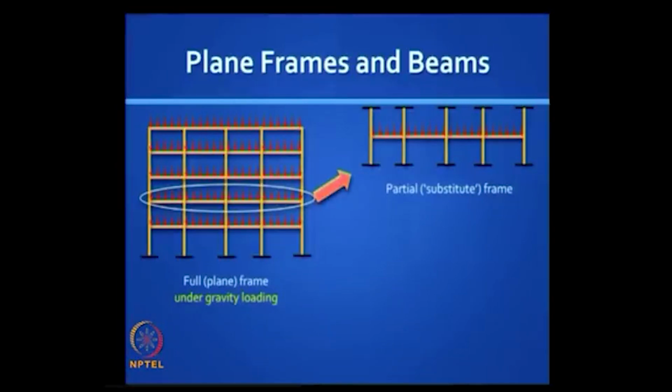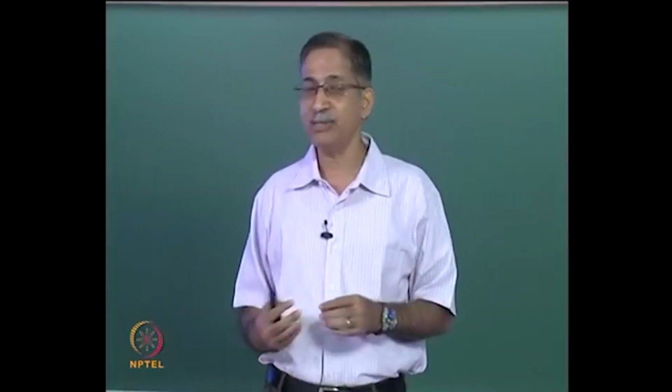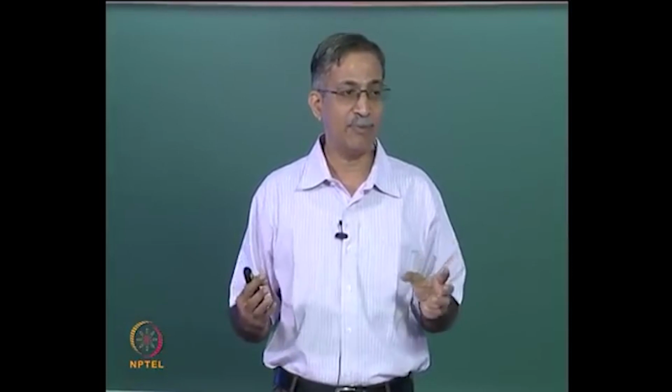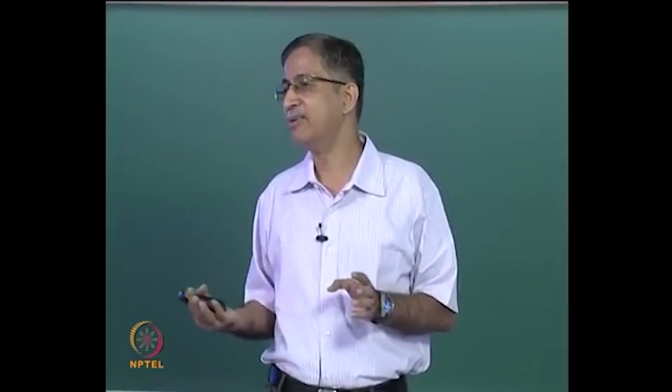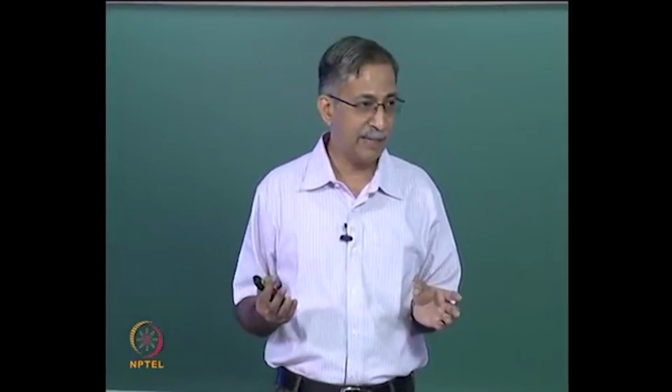So you could take out one floor separately and assume the columns to be fixed at top and bottom. So you are actually separating out that frame, you are substituting the small frame for the big frame. There will be errors, but the order of those errors will not be significant.